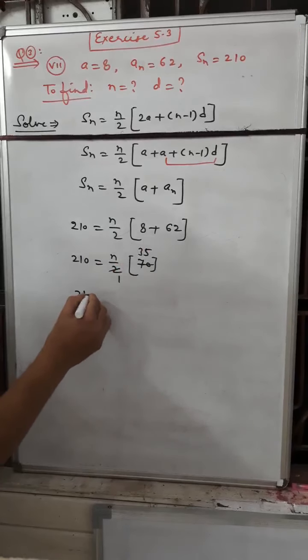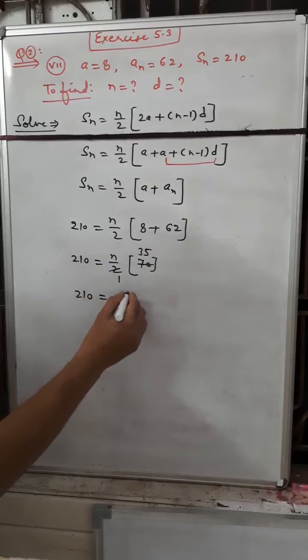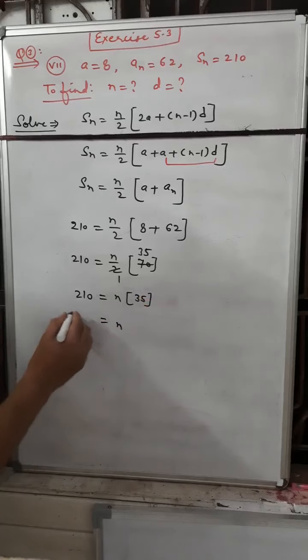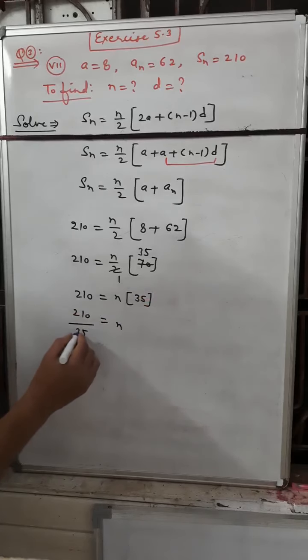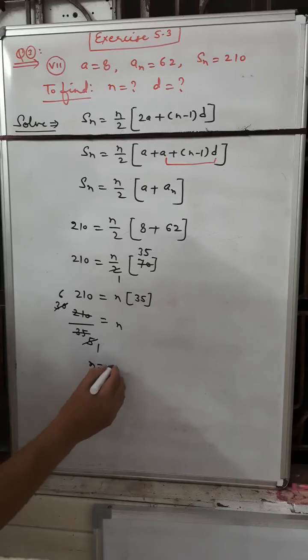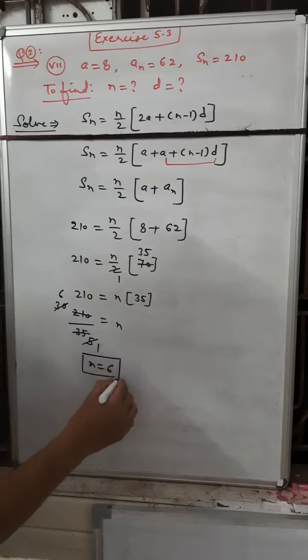So 210 is equal to n into 35. So n is equal to 210 divided by 35. 5 sevens are 35, 7 fives are 35, 7 threes are 21, and 0. 5 ones are 5, 5 sixes. So n is equal to 6.